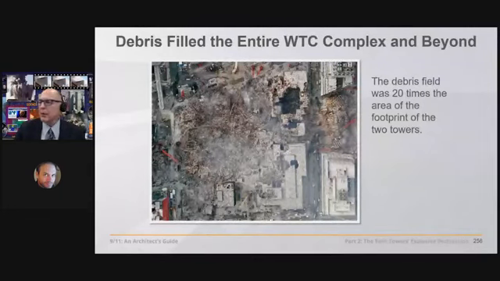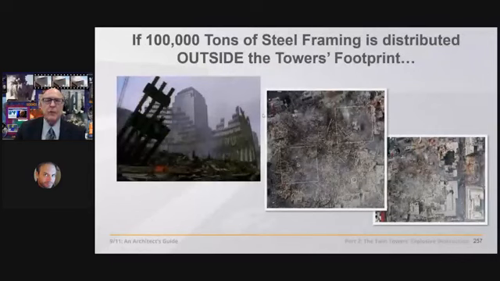Another partial implosion. By the way, if 100,000 tons of steel framing is distributed outside the footprint of these buildings, what's crushing the building? You say, oh, it's the concrete floors. We'll come back to that.